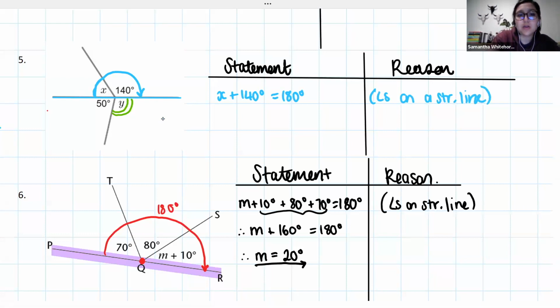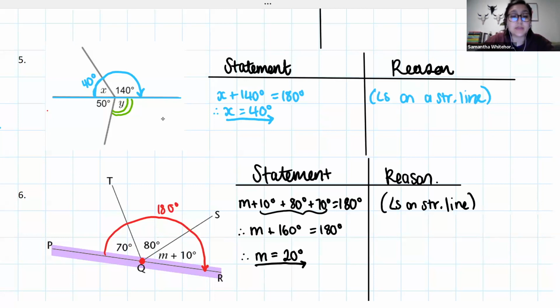We then solve the equation and we get that X is equal to 40 degrees because I would subtract 140 on both sides. Nothing too tricky. Now, guys, the second I have diagrams where I've got multiple things that I need to solve for, I fill in the angles as I go along because me knowing X might help me find Y.